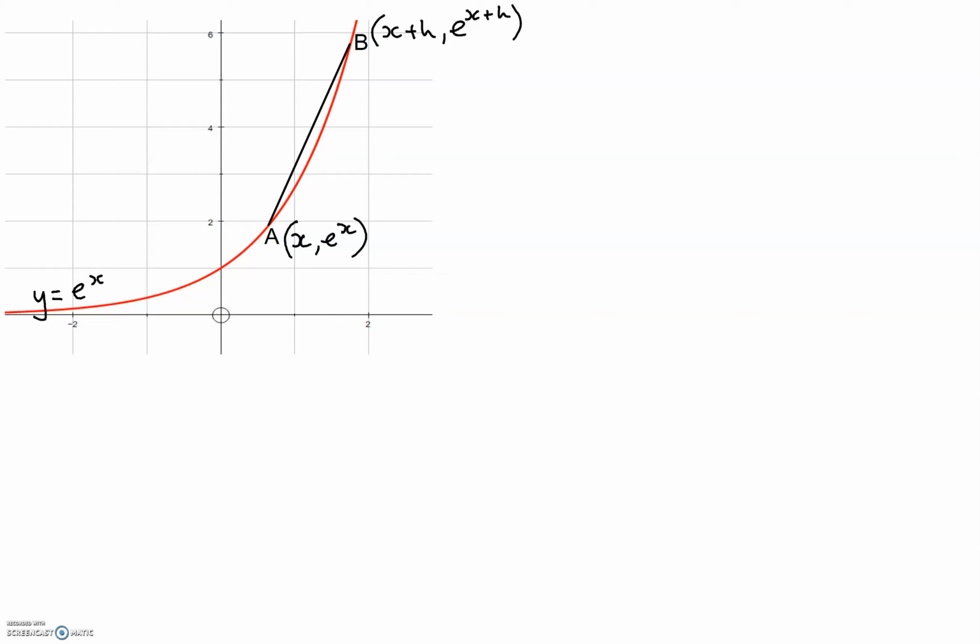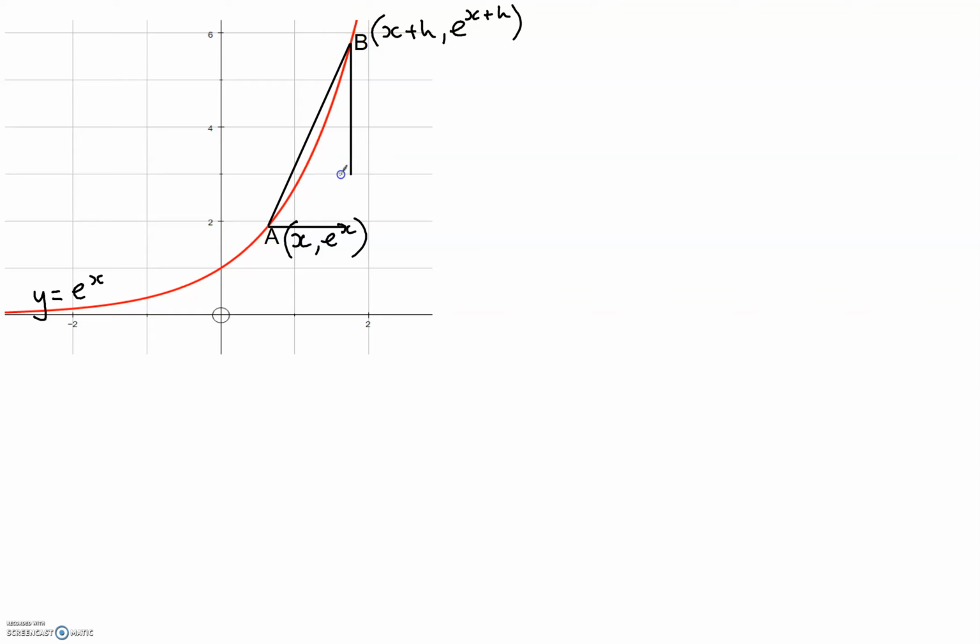Again, we're going to consider trying to find the gradient at A. We're going to consider the chord AB, and we're going to find the gradient of that chord, and then consider what happens to the gradient of that chord as h gets smaller and smaller.